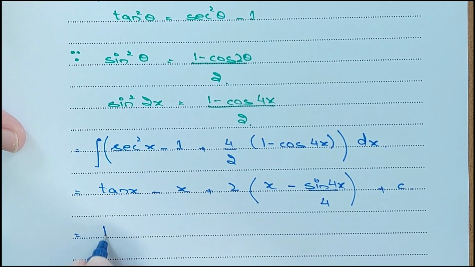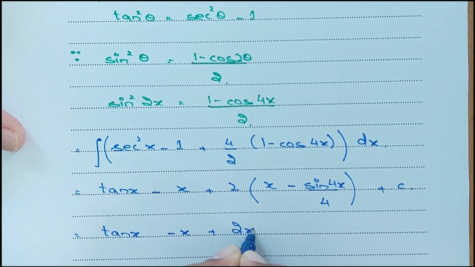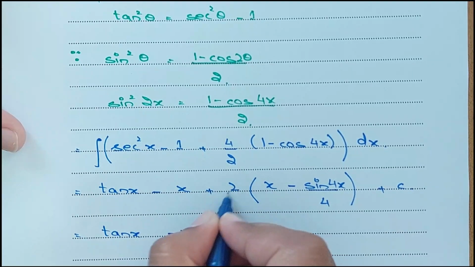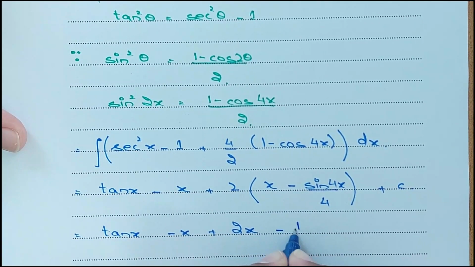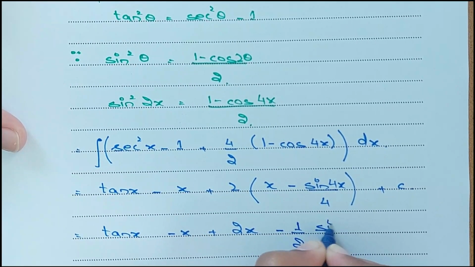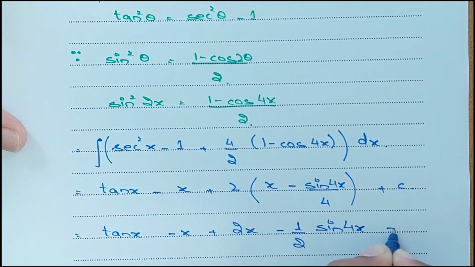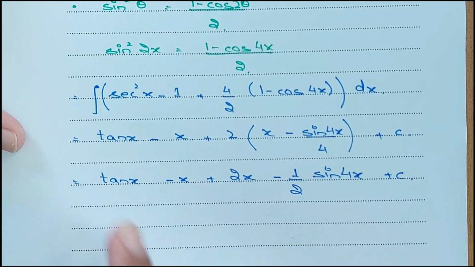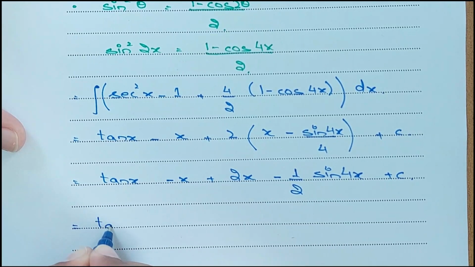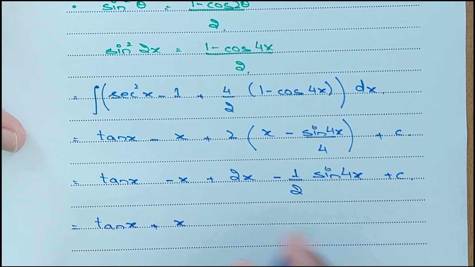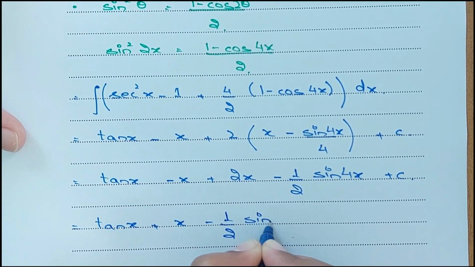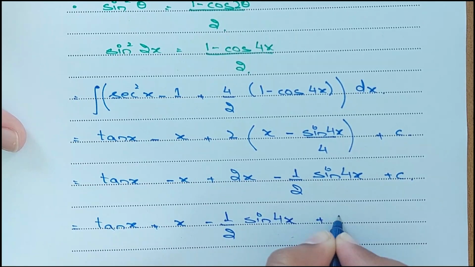So we have tan x minus x plus 2x minus 1 by 2 sin 4x plus a constant. So here we have tan x plus x, because minus 1 plus 2 is just 1, minus 1 by 2 sin 4x plus c.